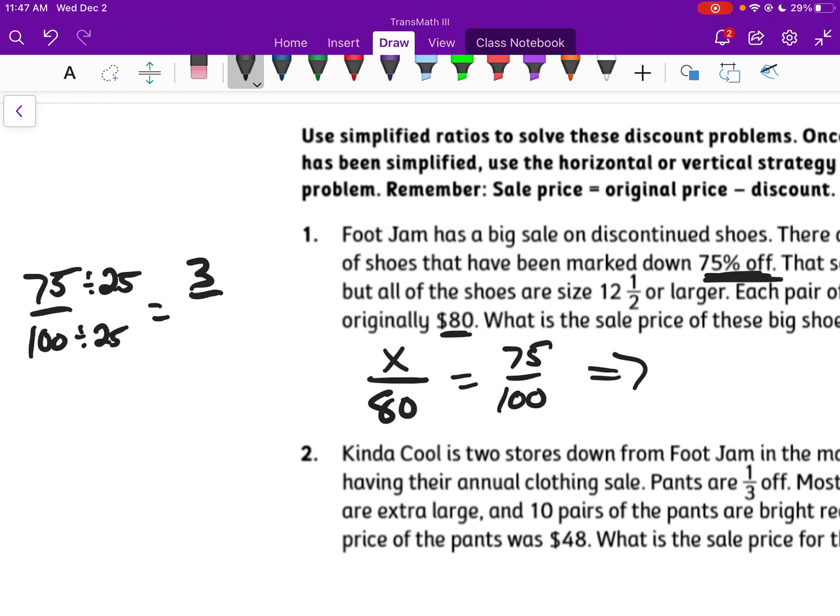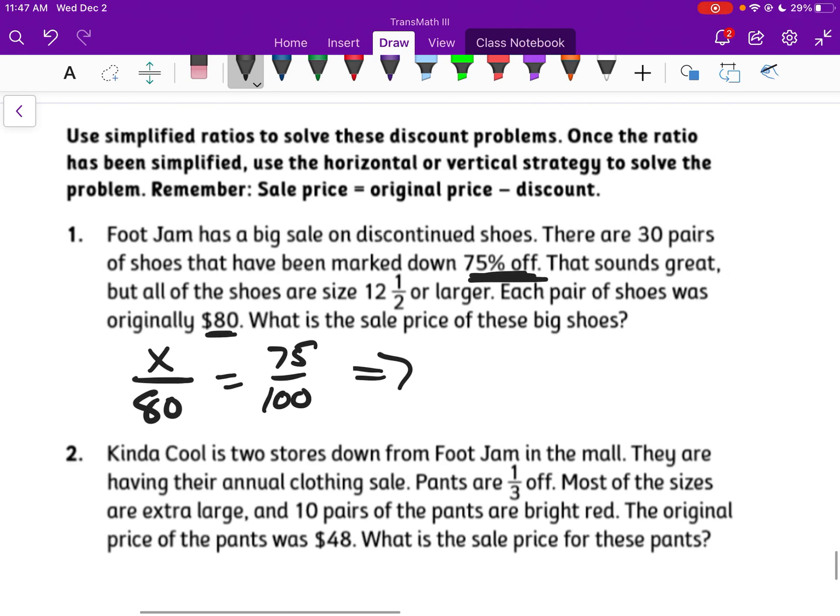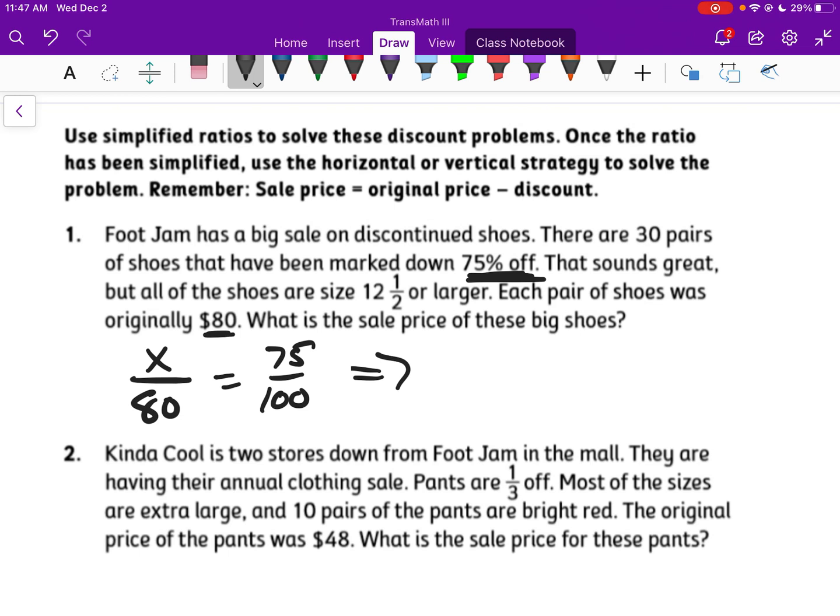So we can rewrite that fraction as 3/4. So instead of x over 80 equals 75 over 100, I'm going to use x over 80 is equal to 3 over 4. Now I can use that horizontal or vertical. In this case, we'll use the vertical. 4 times 20 is equal to 80, so 3 times 20, we get x is equal to 60.